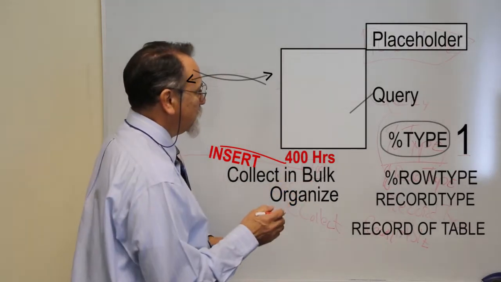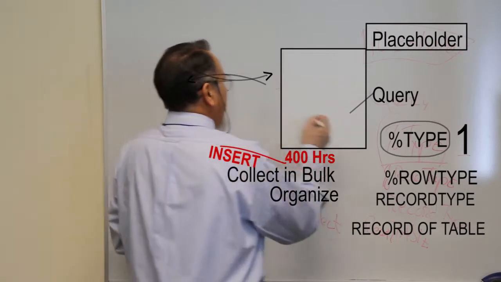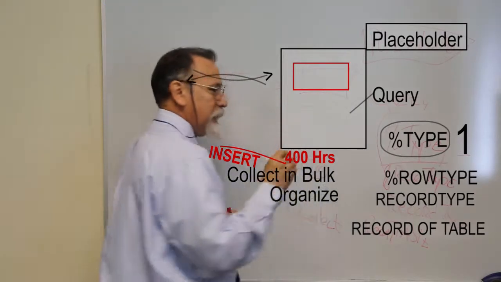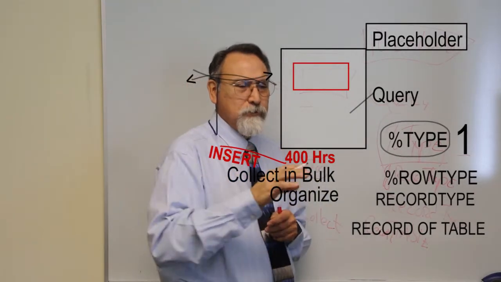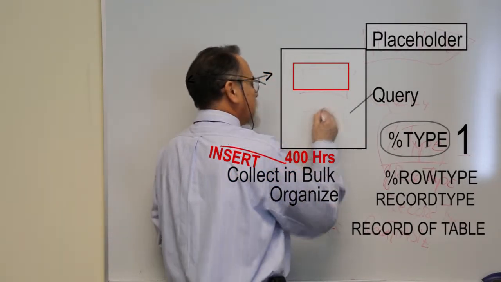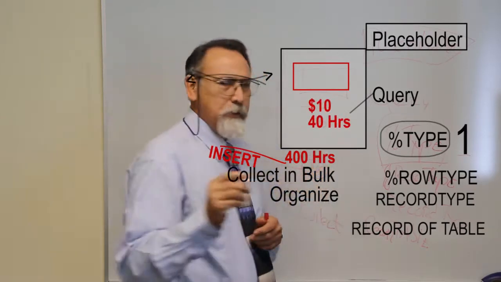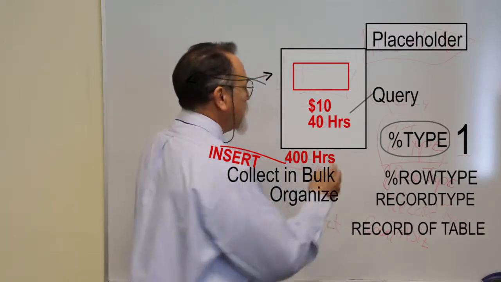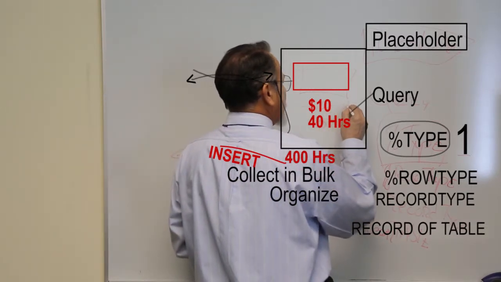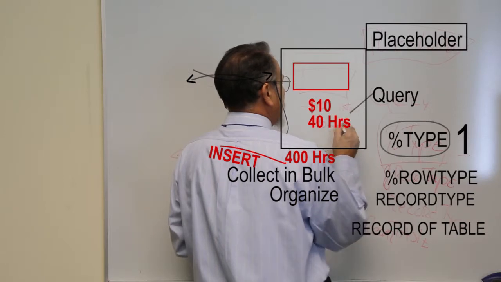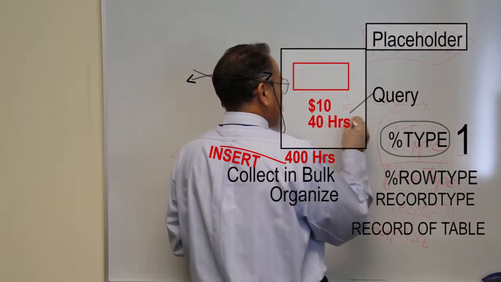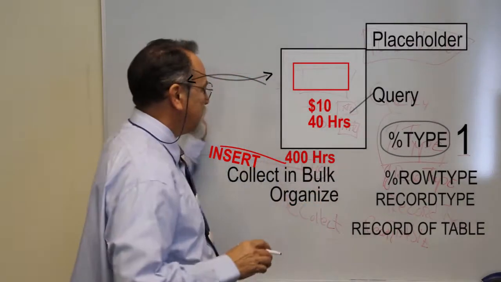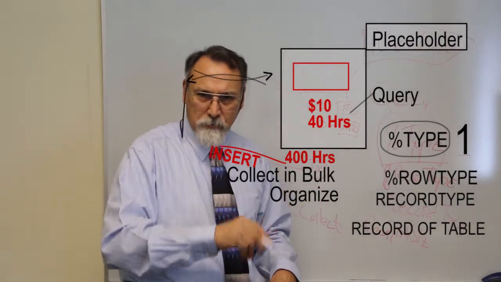Now, the other thing you have to worry about is as you extract information, you want to identify a specific placeholder. So we had the $10 and the 40 hours. You want to be able to identify a specific placeholder. You want to put the $10 into something, and you want to put the 40 into something. So there's a command that allows you to put the data into a specific placeholder.